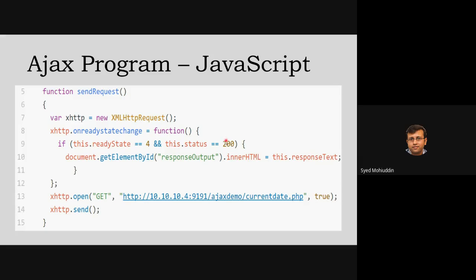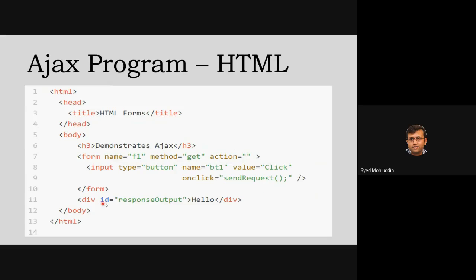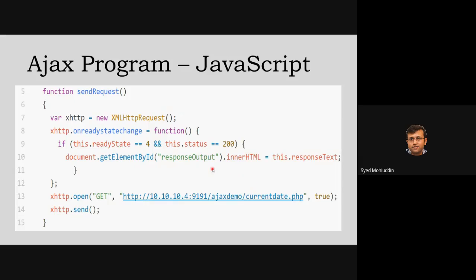So what we are doing is, if ready state is 4 and status is 200, that is, we have received the data, we are saying document.getElementById response output. What was this response output? If we go back, it was the ID of the division, response output. So for this response output, we are using innerHTML and assigning the text which is received by the communication, that is Ajax communication.